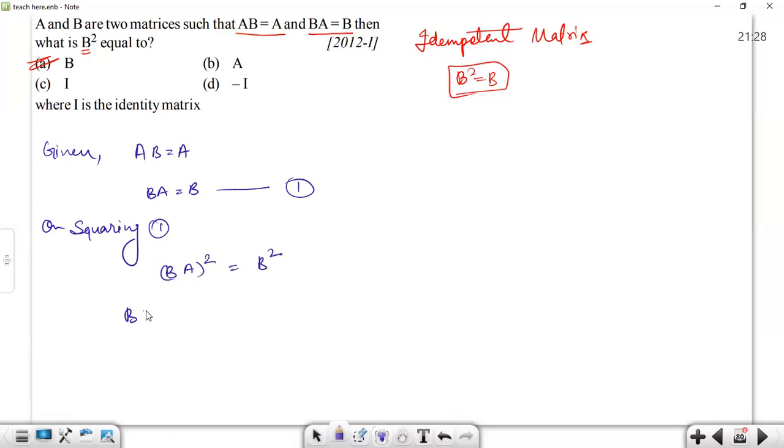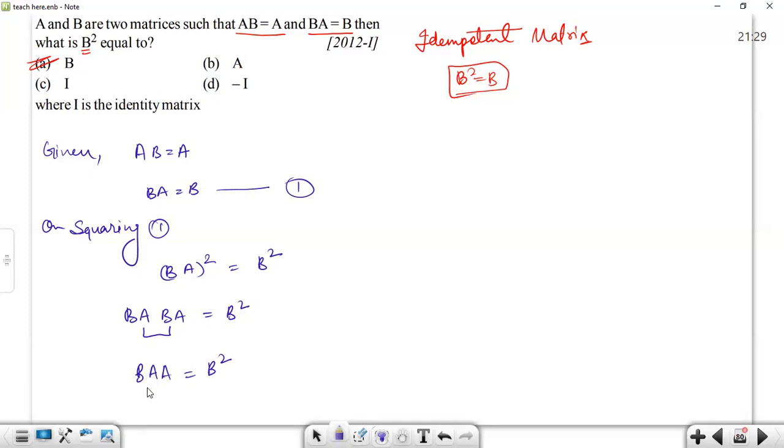BA square means BA into BA, equals to B square. Now we observe, AB is A. So B into A becomes BA square. Instead of writing BA square, let's write BAA, because we'll keep on simplifying it.